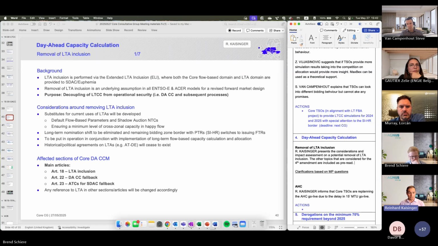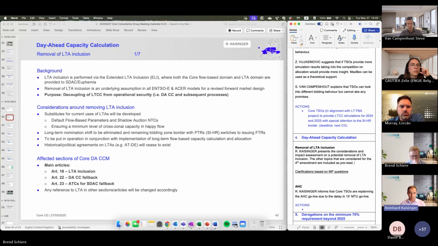On the one hand, we need to replace the role of the LTA currently in backup capacities: the default flow-based parameters, when the core day-ahead capacity calculation process fails, as well as the shadow auction NTCs, which would be relevant in case there's a decoupling in SDOC. The second point is to ensure a minimum level of cross-zone capacities in happy flow, meaning that the core day-ahead process runs as expected, and after such a run the volume that is offered to SDOC is sufficiently large.